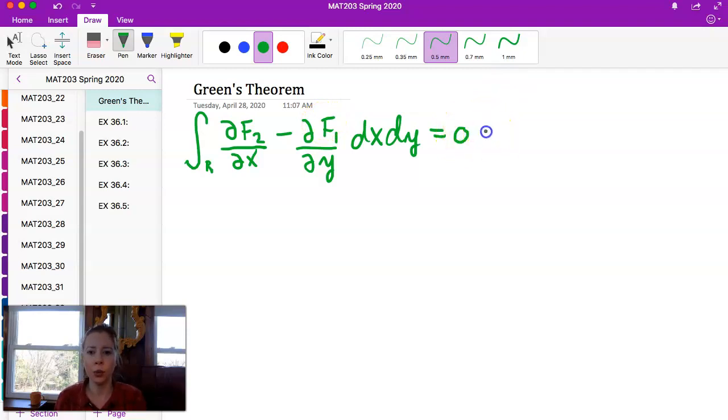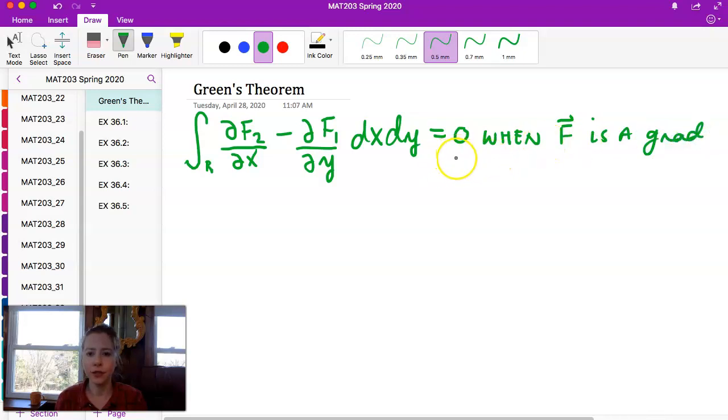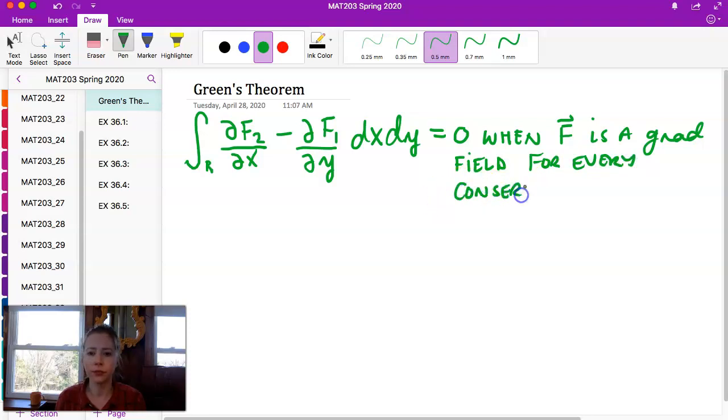This is 0 when vector f is a gradient field, for every conservative field where we have the line integral of f dot dr, in other words, the work is 0.